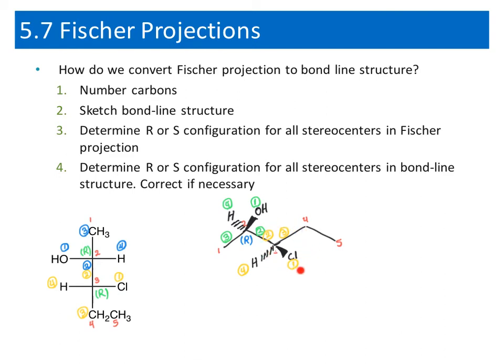So I am rotating clockwise and the lowest priority is in the back. So the configuration on this carbon is R, which matches this configuration. So these two structures are identical. And this is how you can convert the Fischer projection to a bond line structure.